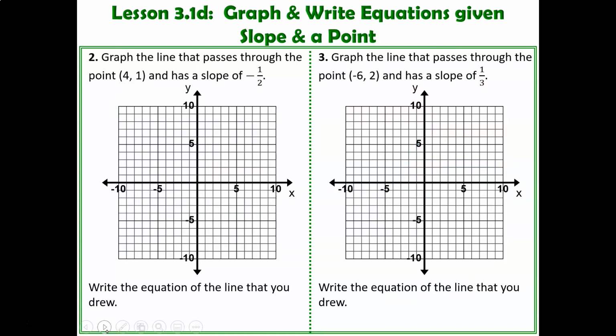Let's do another couple of these. Number 2 says graph the line that passes through the point (4, 1) and has a slope of -1/2. So we're going to graph (4, 1), and we're going to follow the road map, which is -1, +2. And we're going to go the opposite way: +1, -2, +1, -2.